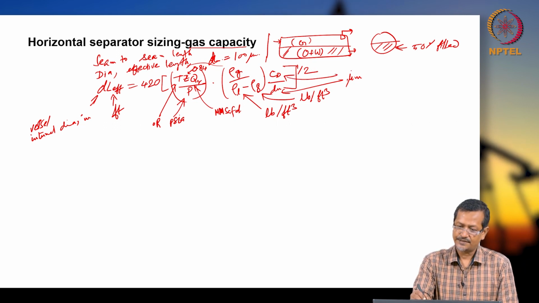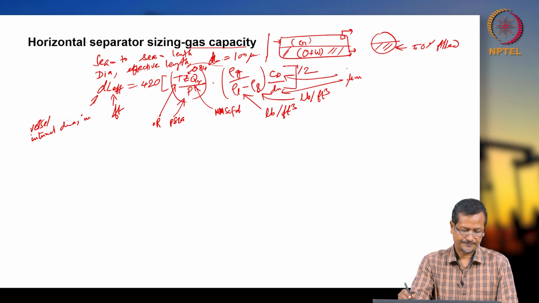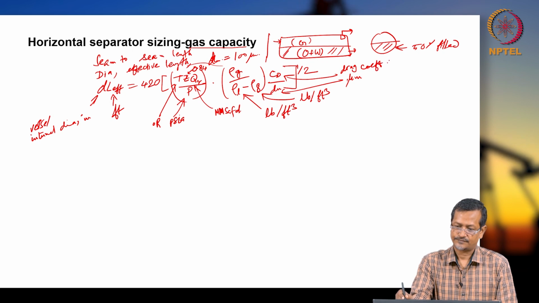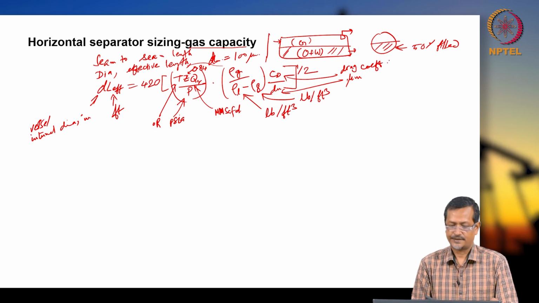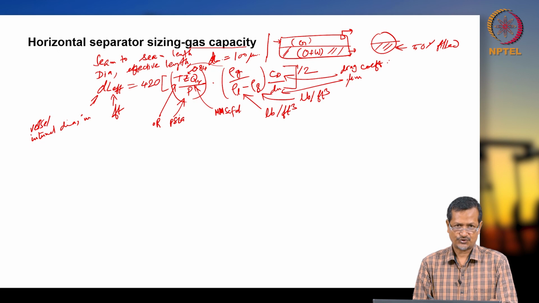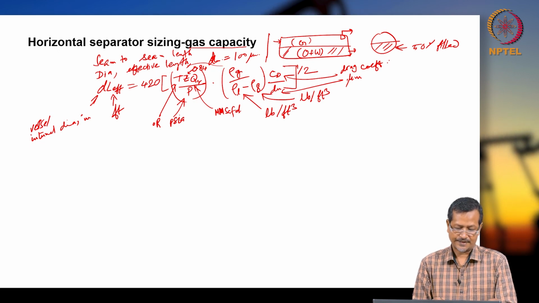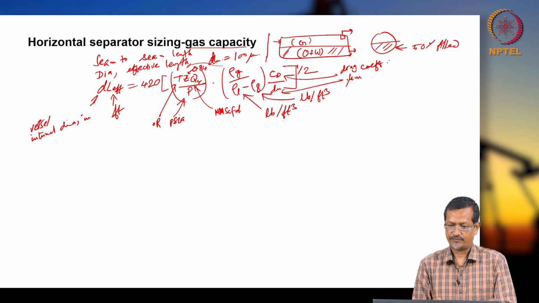And CD is the drag coefficient. You should remember the units. Drag coefficient is a ratio, so it will not have any unit, but density will have a unit, pounds per cubic feet.